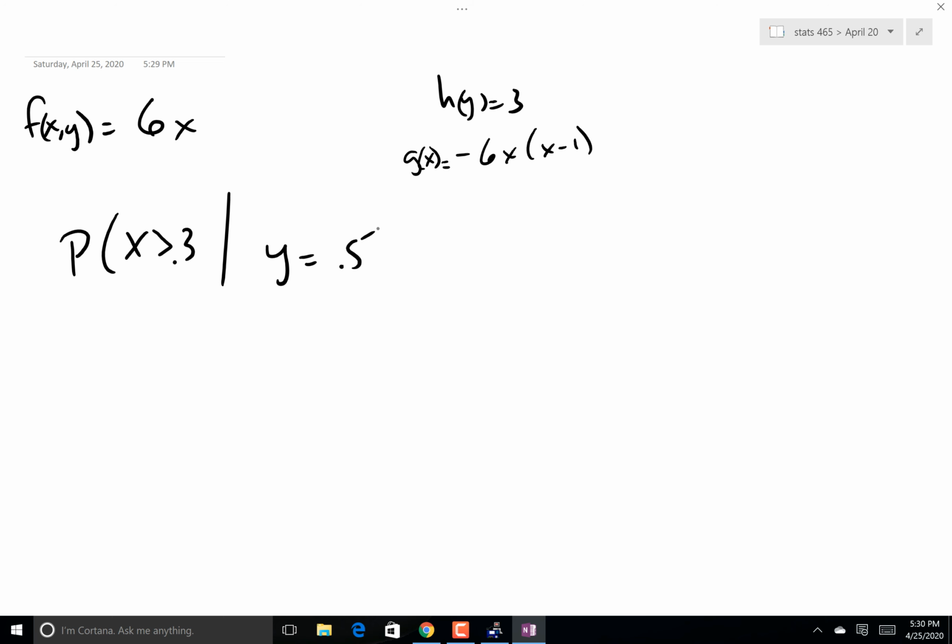Cool. So when I set this problem up, it's going to look something along these lines. You're going to say, all right, well, it's 6x over 3, which is just 2x. So I'm going to integrate 2x from 0.3 up to 1, because that's the biggest that x can ever be.